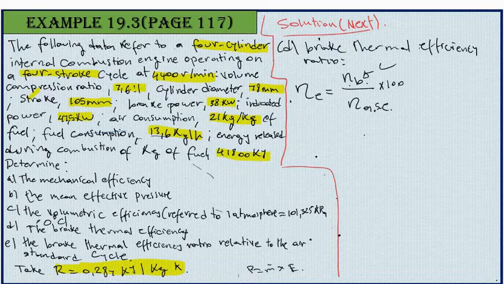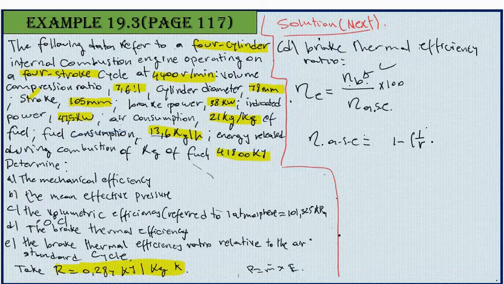We use a well-known relation. The air standard efficiency is given by 1 minus 1 over R to the power of gamma minus 1. So that's all I need to do.